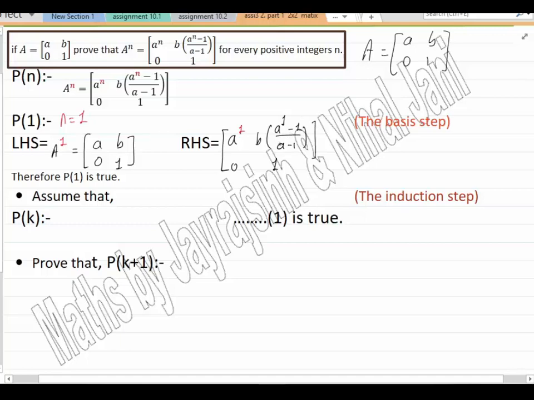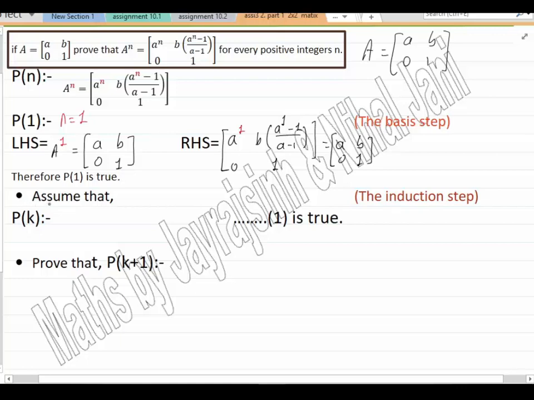As you can see, a minus 1 can cancel out, and here we get a, b, 0, 1. So our right hand side is equal to left hand side, therefore our P of 1 is true.